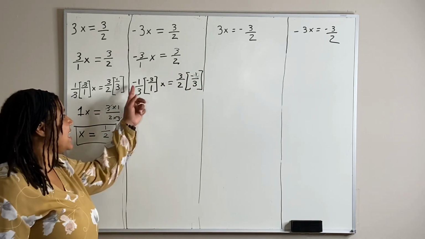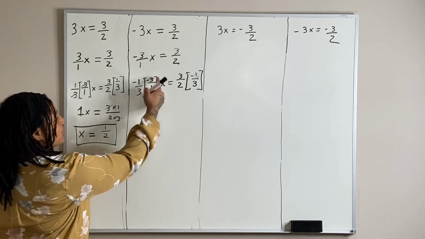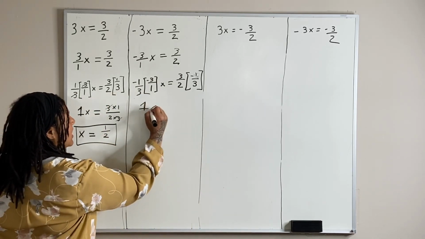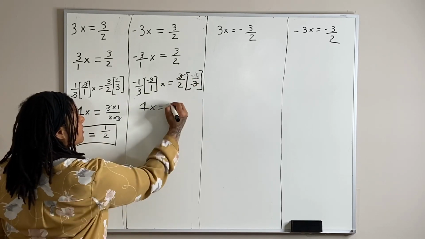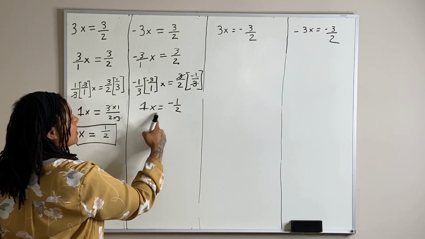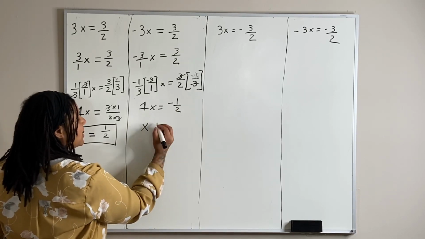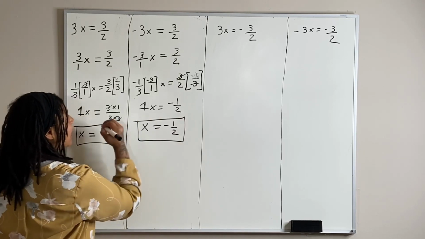Now, a negative times a negative is a positive number, right? The 3's cancel, so we're left with 1x. The 3's cancel here, so we're left with -1/2. And once again, x times 1 is just x, and so we have x is equal to -1/2.